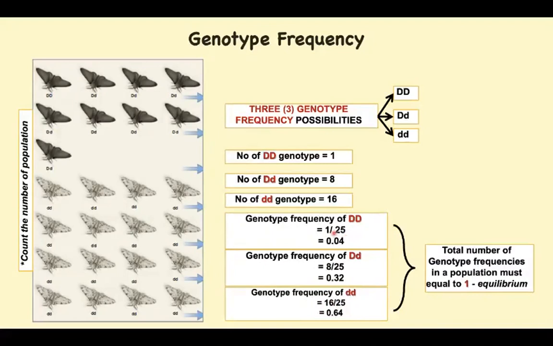So if you total 0.04, total 0.32, and also 0.64, you have to get the value of 1. Okay? Mesti 1. So total number of genotype frequencies in a population must equal to 1. Baru capai equilibrium.